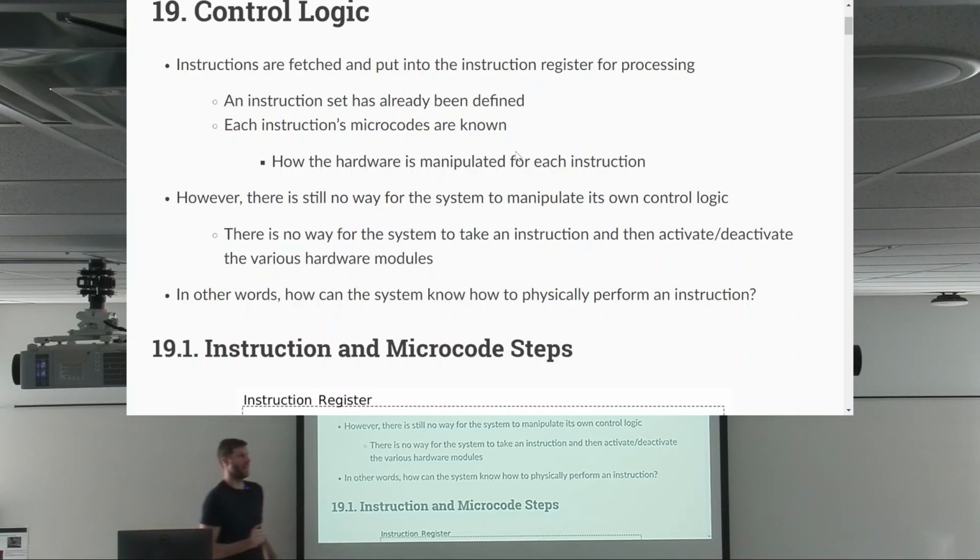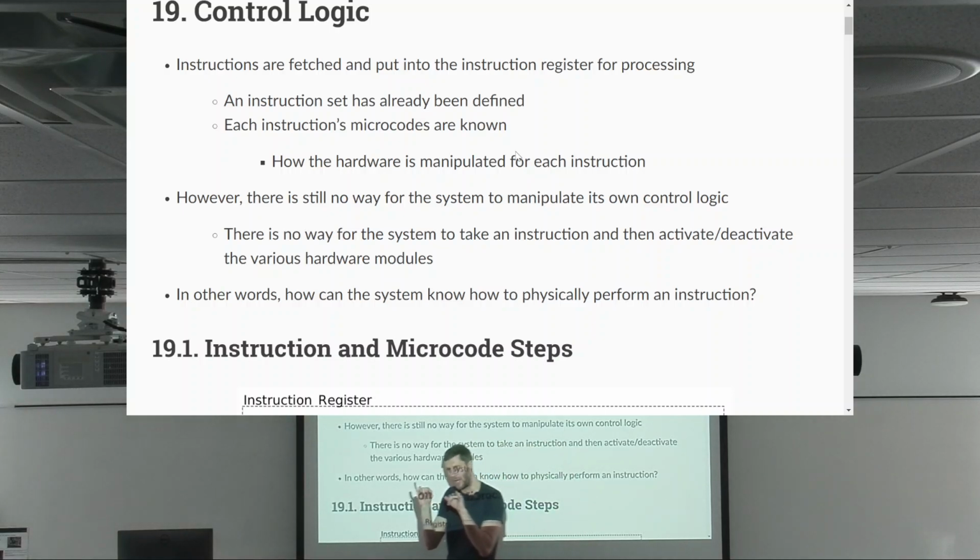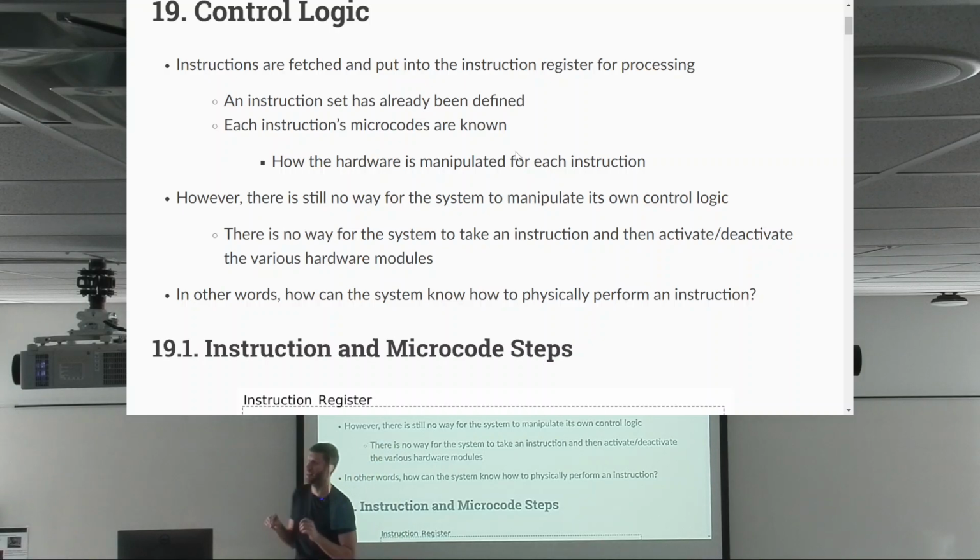We've established that instructions have operands and operators, which are just those bit patterns, right? We know that they get fetched, which takes a couple of steps. And we know we need to put it into that specialized hardware, the instruction register, to start decoding it. But we still don't really have a way for the system to manipulate its own control logic.